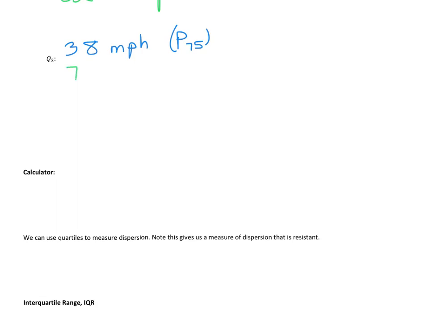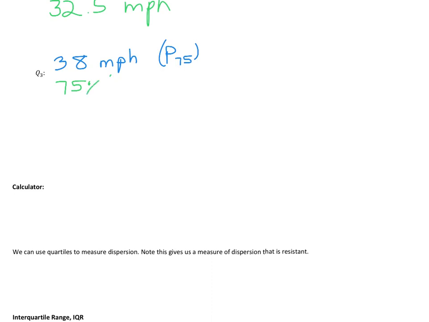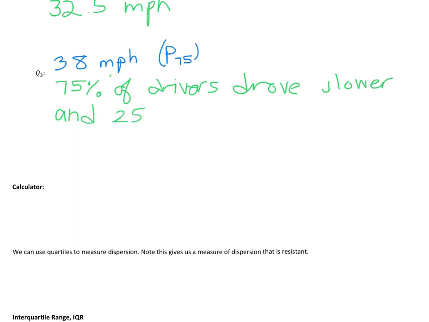So 75% of drivers drove slower. And 25% of drivers drove faster than 38 miles per hour.